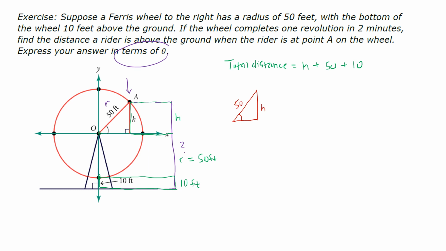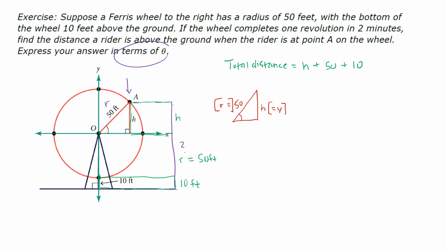What ratio from the 6 different trig functions can I use to help me find h? Remember, h is the same thing as y, and 50 is r. So what trig function will allow me to use r and y?